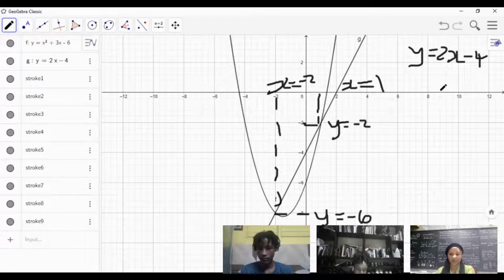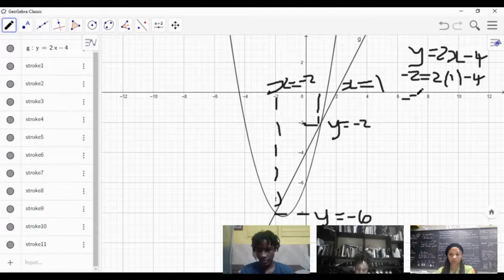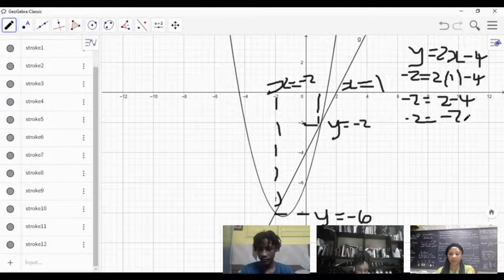So we plug in -2 where we see y. -2 equals 2 times 1 minus 4. So -2 is equal to 2 minus 4, and 2 minus 4 is -2. Okay, so that checks out.